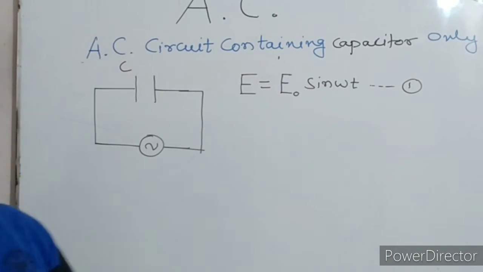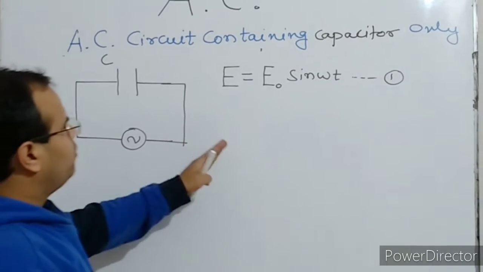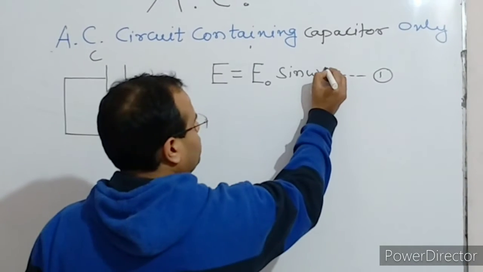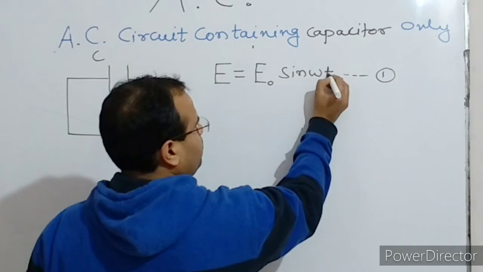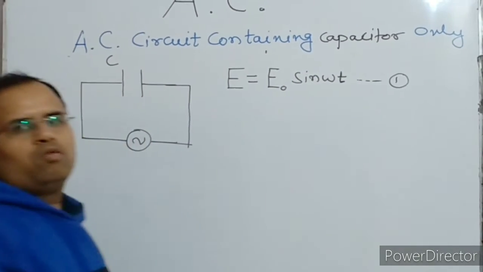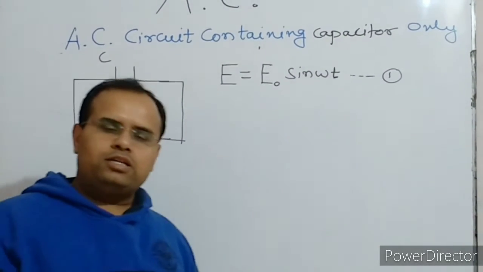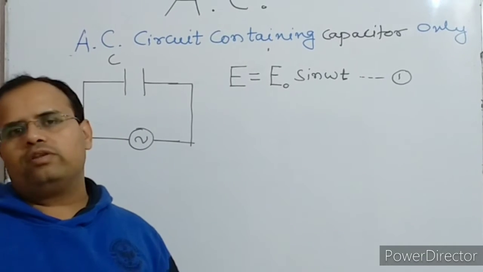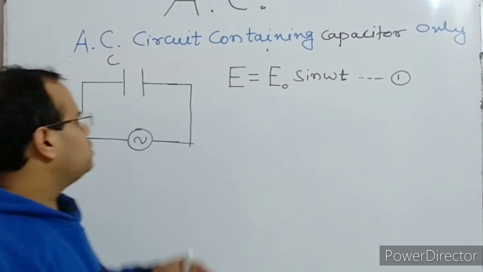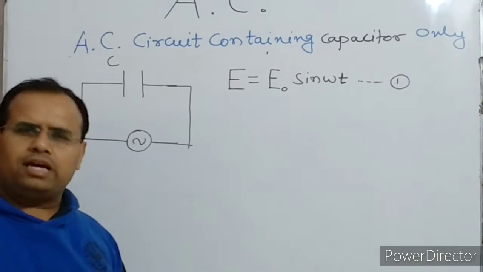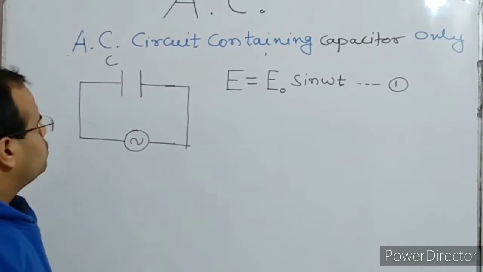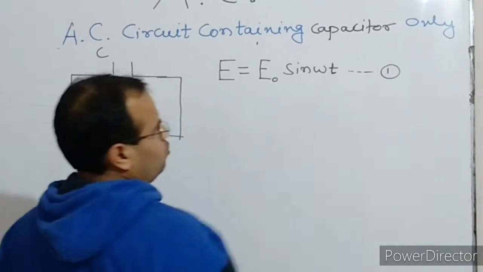Now you know that this EMF is the alternating EMF, and because it is alternating, it changes in magnitude as well as in direction. So we have E equals E naught sin omega t.